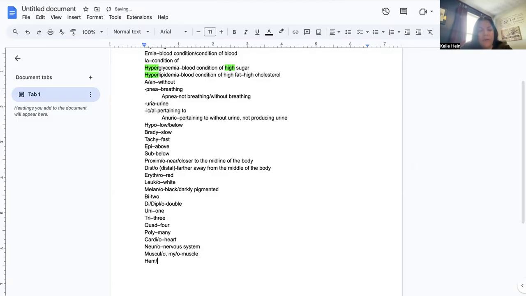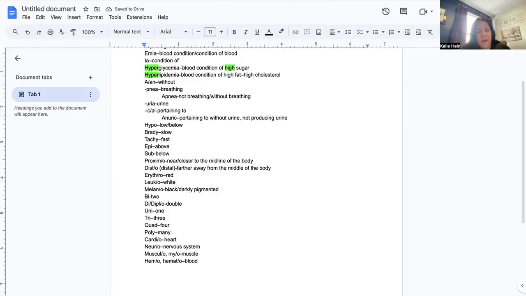Similarly, hemo and hemato are both going to refer to the blood. If we begin with hemo, then we're talking about something in the blood, and we'll put some things together and practice toward the end.